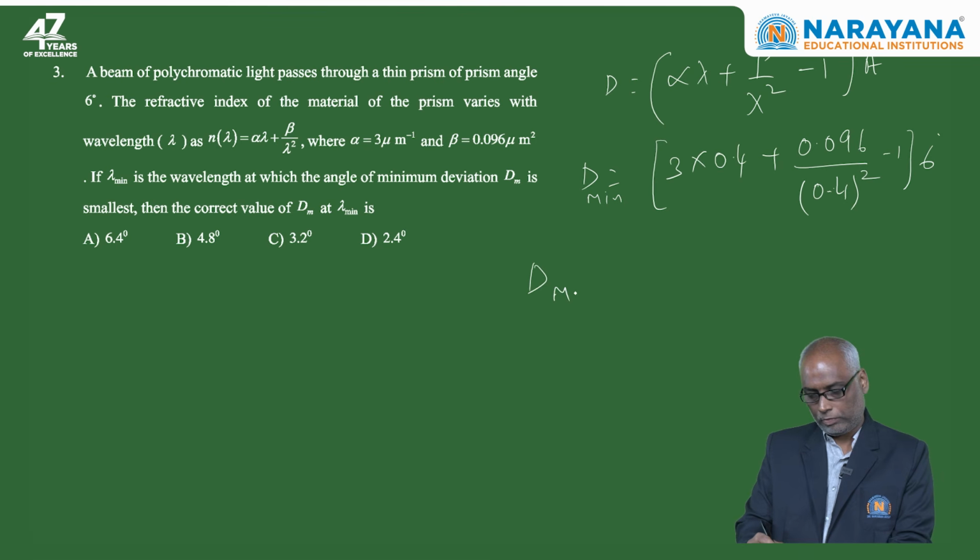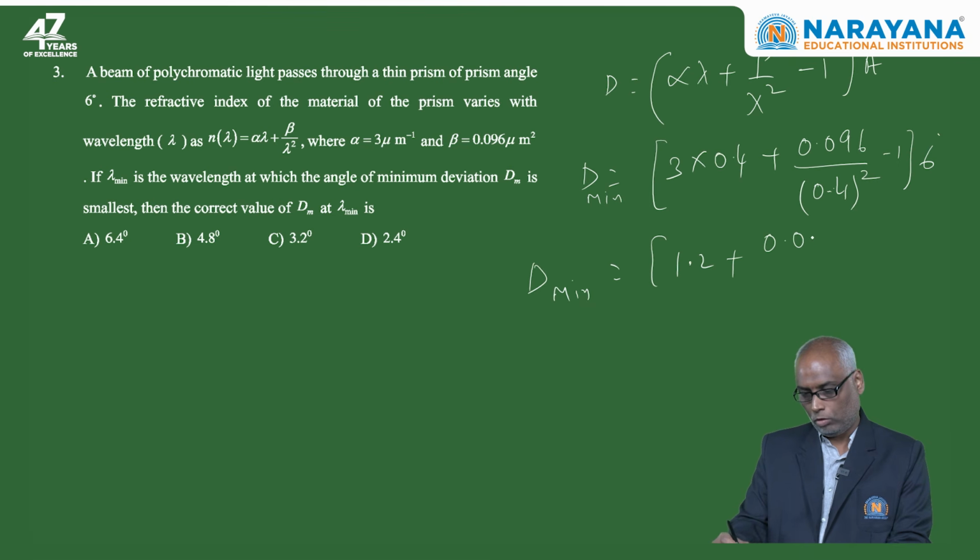Minimum deviation becomes equal to 1.2, this value the first term, plus the next term 0.096 divided by 0.16, minus 1, into 6.